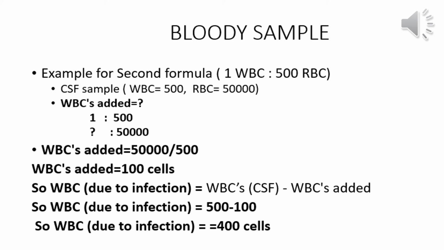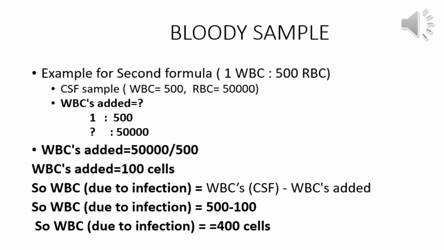So white BC that are present due to infection equals white BC in CSF minus white BC added. How many white BC did we count in the CSF? 500. We subtract from them the added 100 that we got from this formula, so the total white BC due to infection is 400 cells.